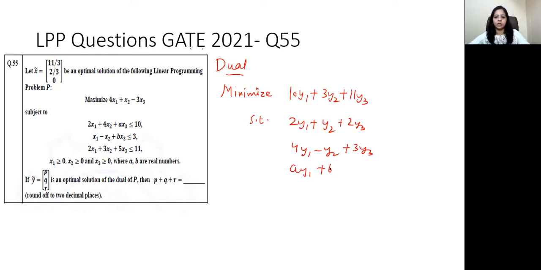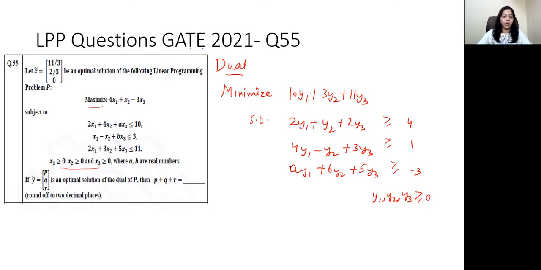The right hand side of the constraints is the coefficients coming from the objective function of the primal, so that is 4, 1, minus 3, and these three variables are going to have some restrictions. Since in the primal all the constraints are less than or equal to, and that's a maximization problem, the variables of the dual are going to be non-negative, and similarly the variables are non-negative here, so this will give me that the constraints should be greater than or equal to. So I have written the dual.